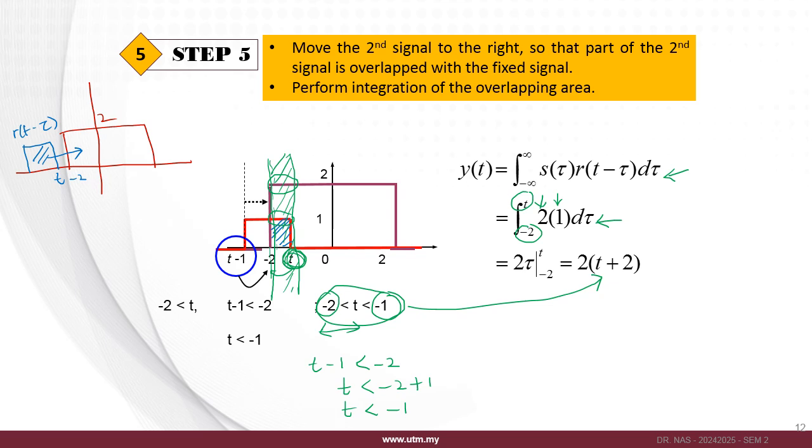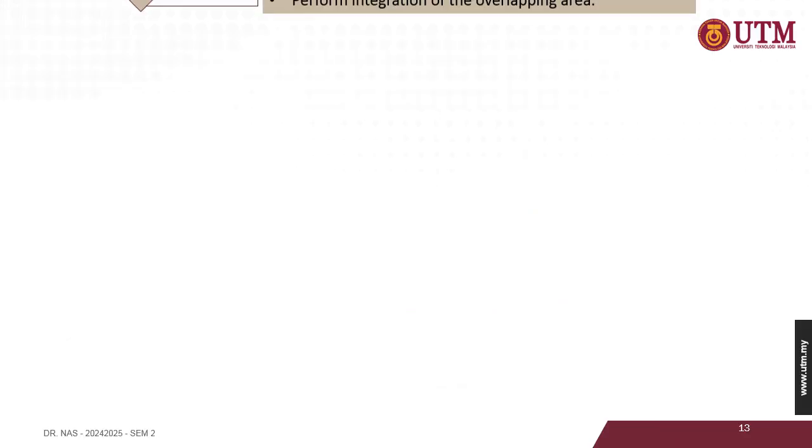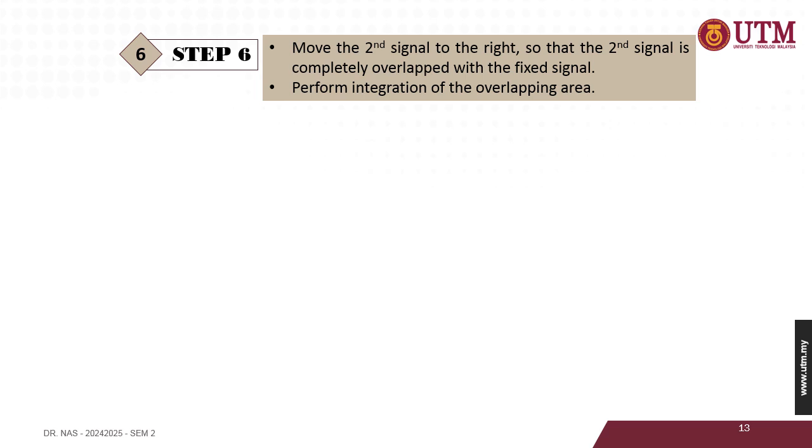Next step, you need to move the second signal to the right so that the signal will be completely overlapped. We're going to look at that process in the next slide. Next you need to move the second signal to the right so that it is now completely overlapped with the fixed signal. So you need to perform integration over the overlapping area.